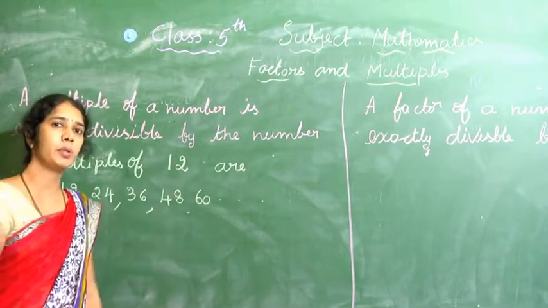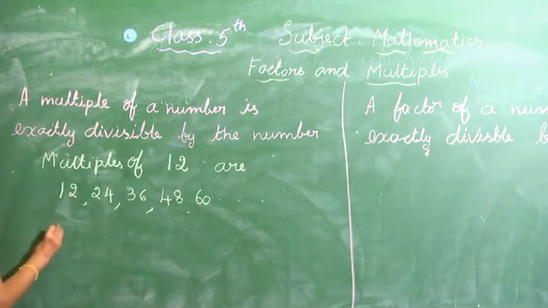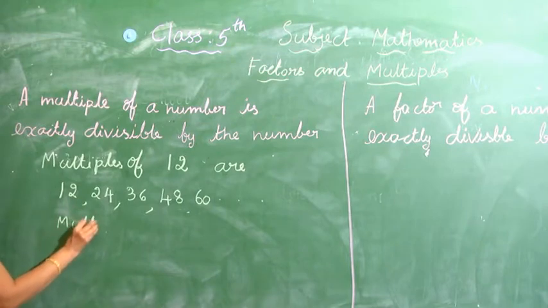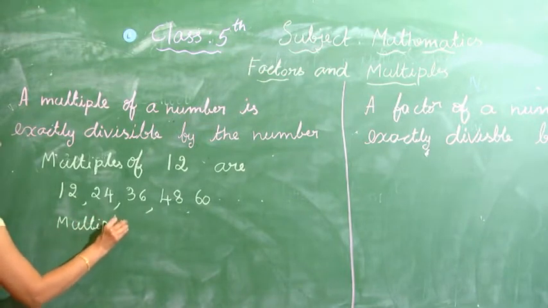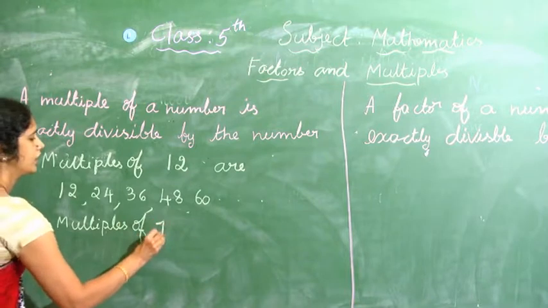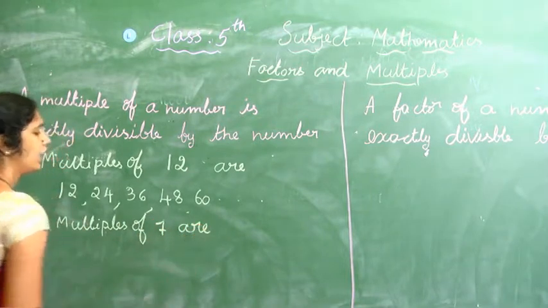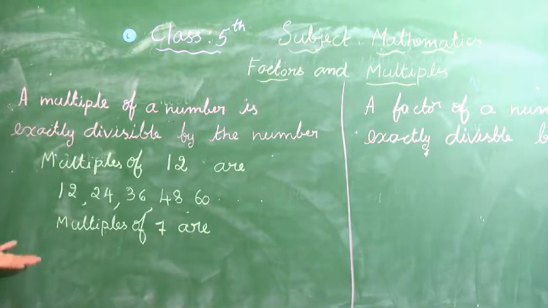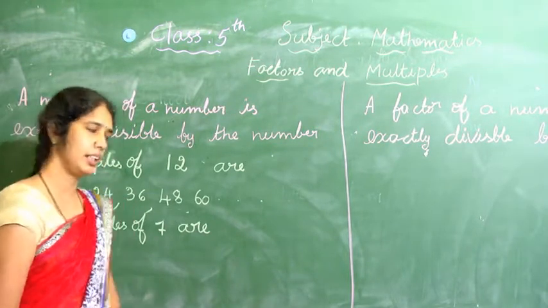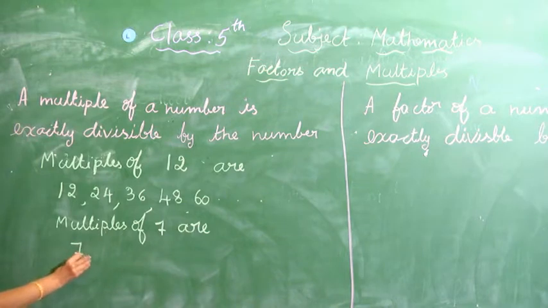What are the multiples of 7 then? Can you tell me the answer? Multiples of 7 are, I can write, tell me the 7 table. Yes, first I should write 7 because 7 ones are 7. Next 7 twos are 14.